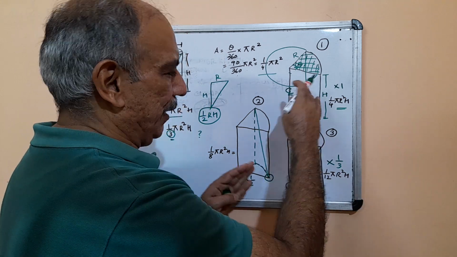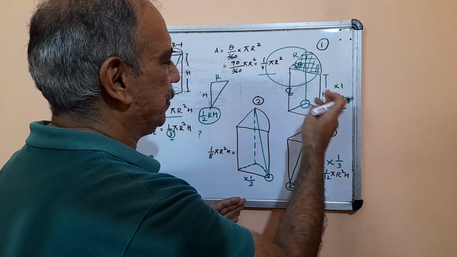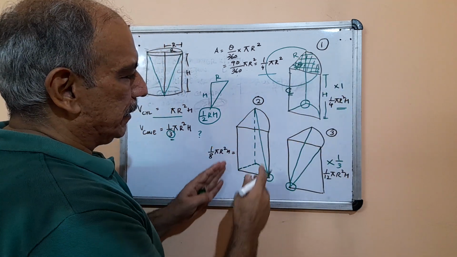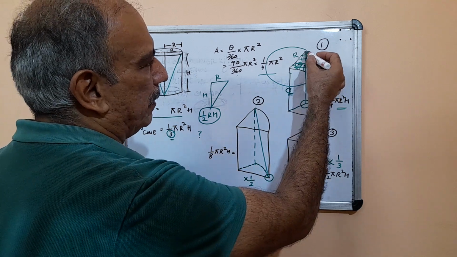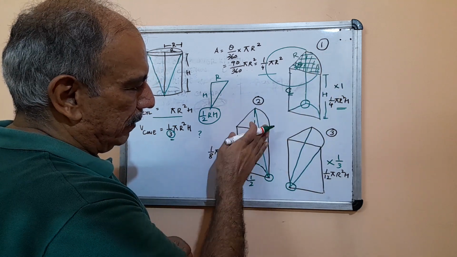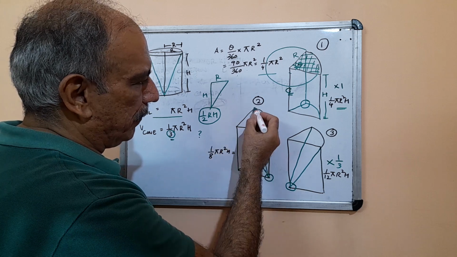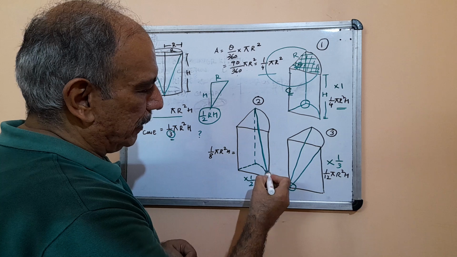Now see the change as we go from case number 1, which is a cylindrical wedge, to case number 2. So this is also a cylindrical wedge, but here I'm not taking the two lines parallelly. I've cut it from here along this line, right?